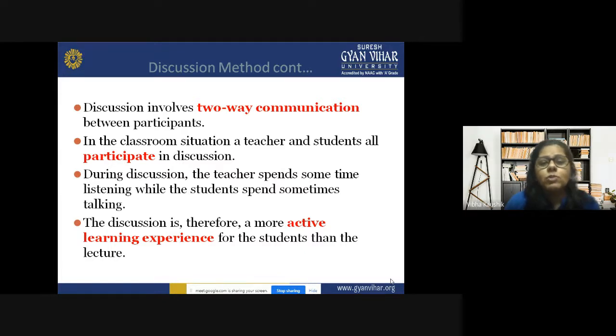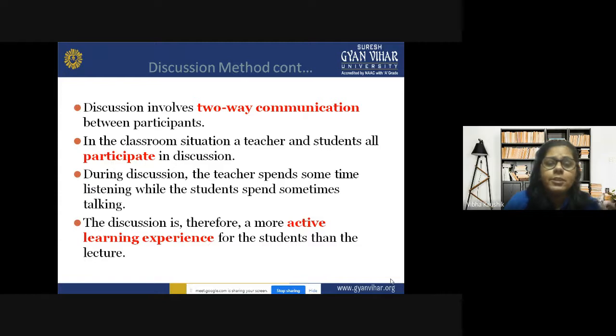In a classroom situation, the teacher and students all participate in a discussion, and all the students are participating in that discussion. During discussion, the teacher spends some time listening while the students spend some time talking.